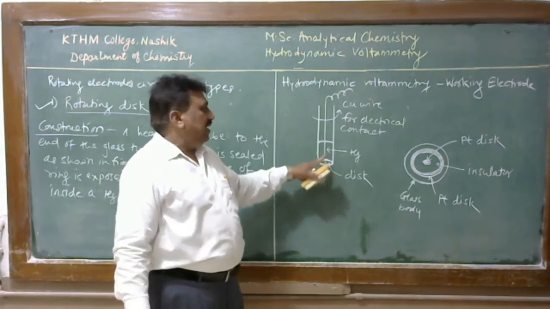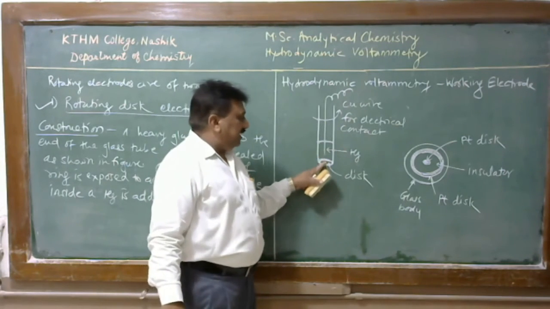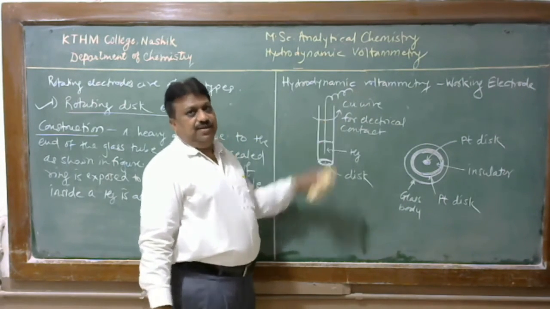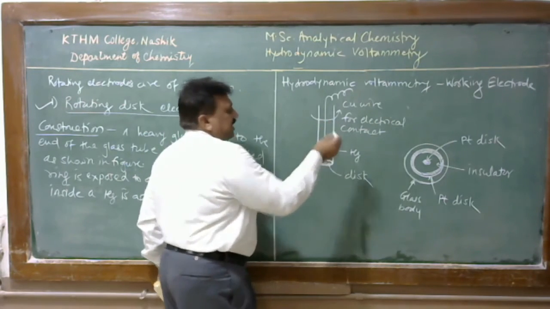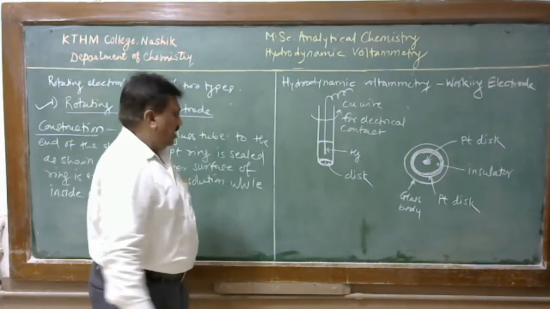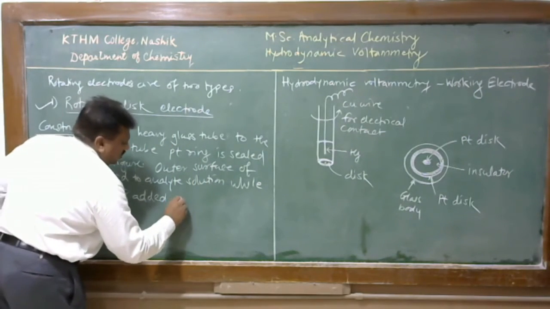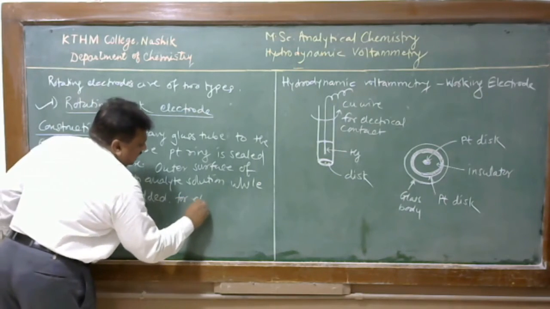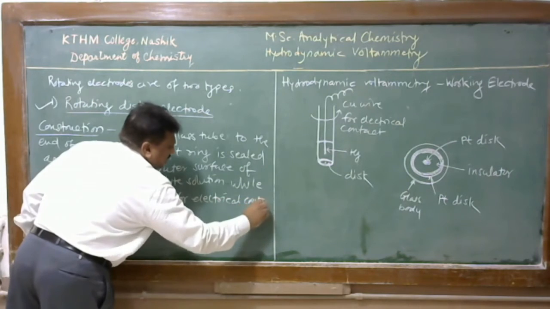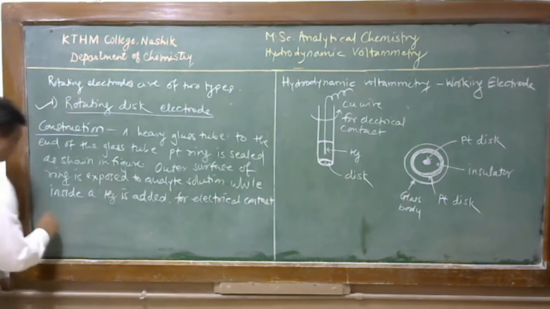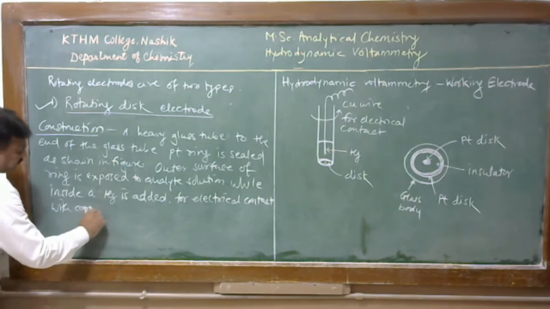Mercury is a metal, and therefore it is added for electrical contact between platinum disc and the copper wire, because during the rotation the sealed wire is not stable.